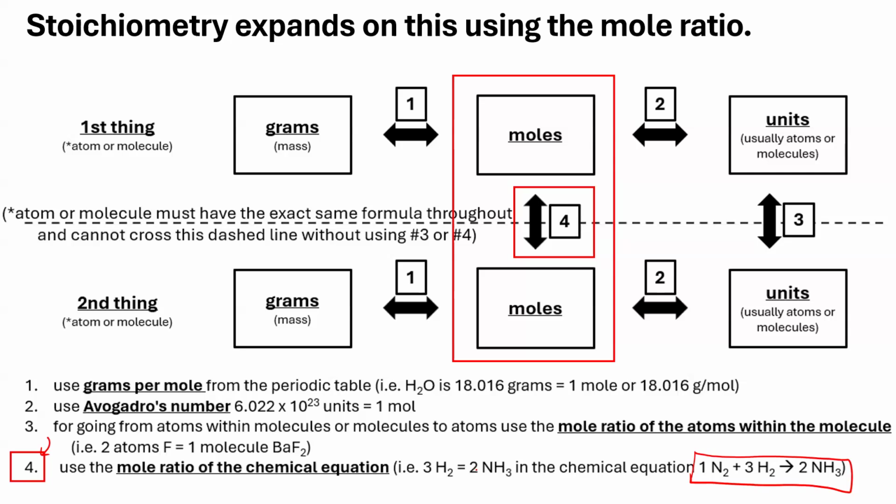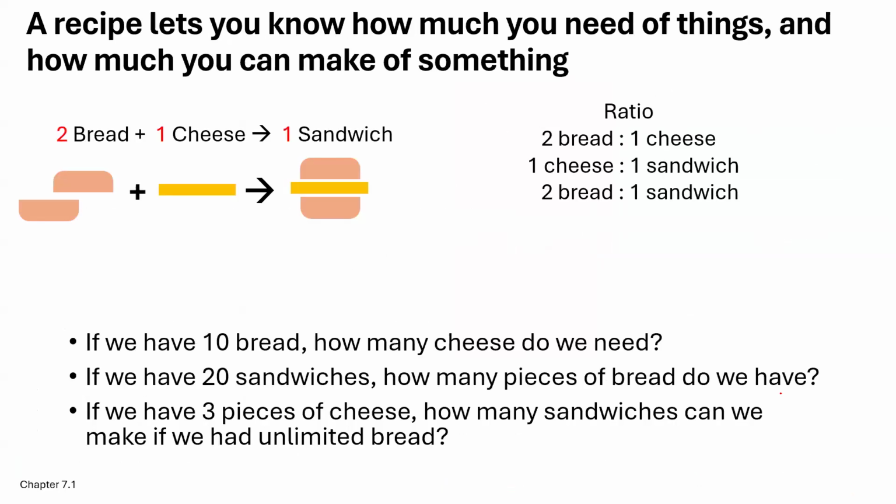So for example, the ratio for H2, diatomic hydrogen, to ammonia, NH3, is 3 hydrogen, because that's what we have in the chemical equation, and 2 ammonia, 2 NH3. That's all we're going to do. We're going to use those small ratios to go back and forth between different products and reactants within a chemical equation.